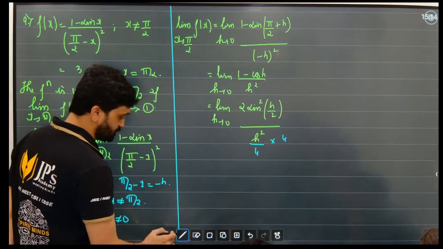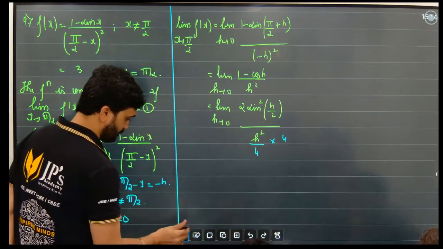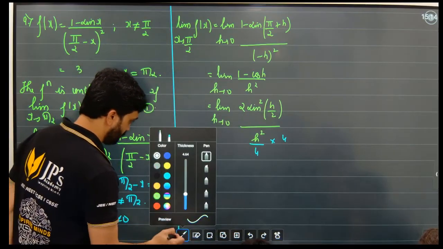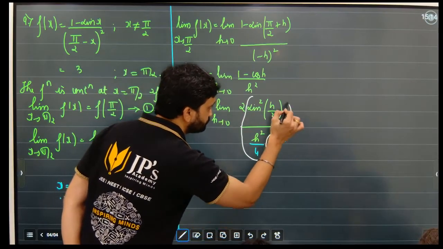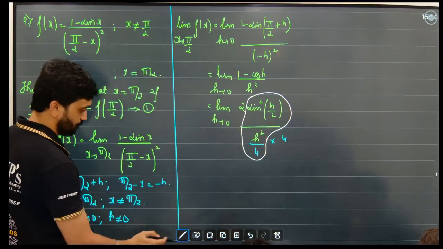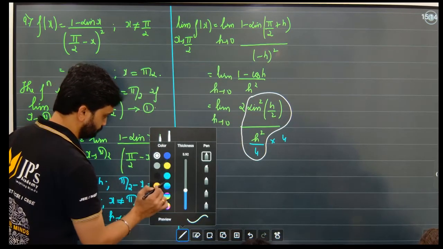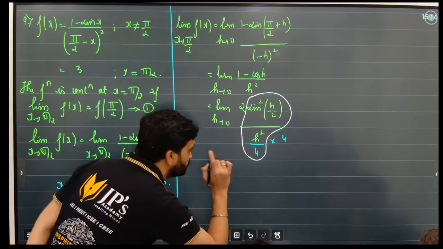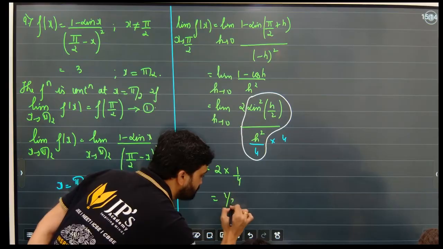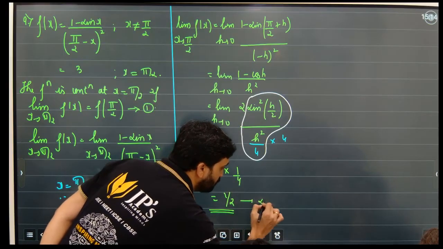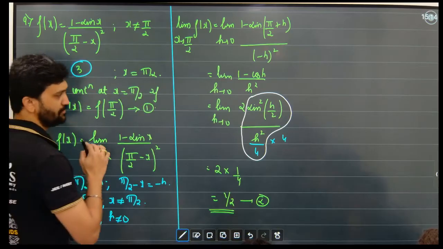If you pay attention, this entire term becomes 1, and so this will become 2 into 1 by 4, which is 1 by 2. This is equation 2. But the value given is 3, which is not matching.